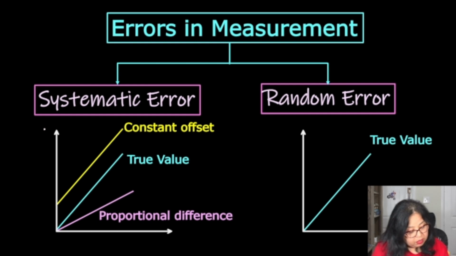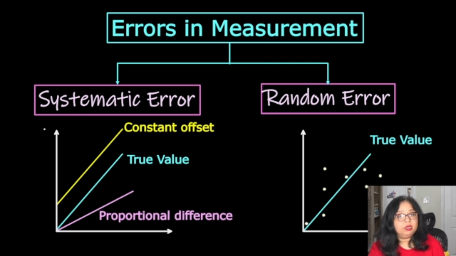While in case of this diagram, where this should have been the true value, in the second diagram, this blue line represents the true value. That means in case there were no errors, then all of the measured values should lie along this blue line. This is where the true values lie. But since this is not an ideal experiment and we do have errors, when you do the experiment, this is your data set, all these dots.